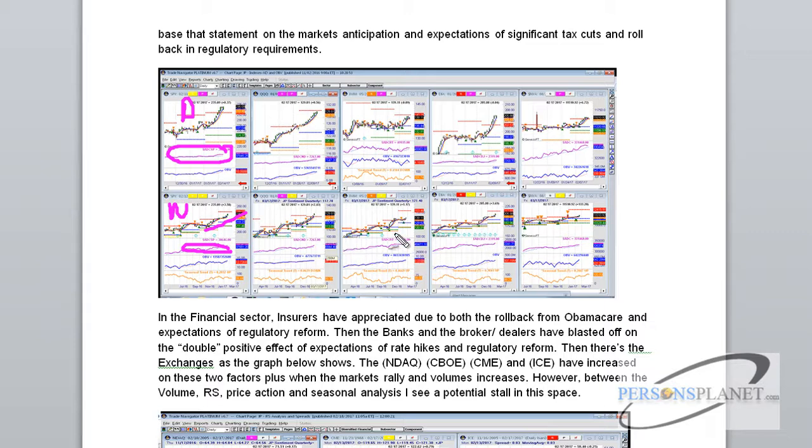As you can see in the Russell's case over here, what we've been pointing out is that the breadth of the market's not performing as strongly as the other indexes. They're rising on a relative weekly basis, and on a daily basis they're moving sideways, and on a daily basis price has gone up, but the breadth is going down. It's not indicative of a very strong market condition at this point.